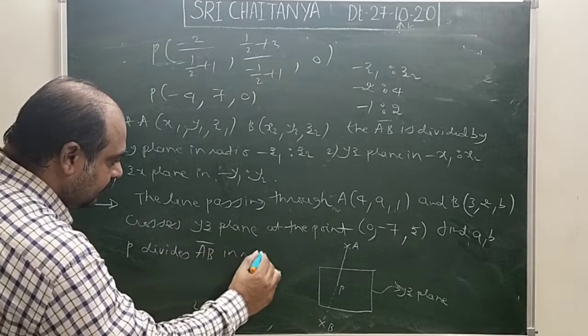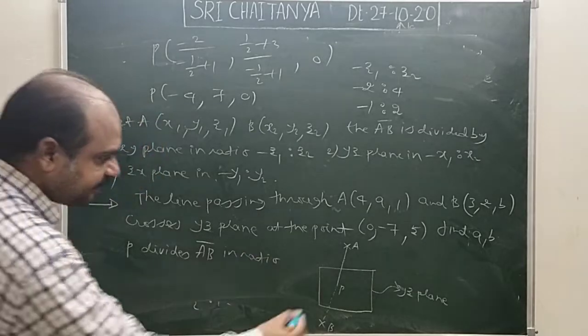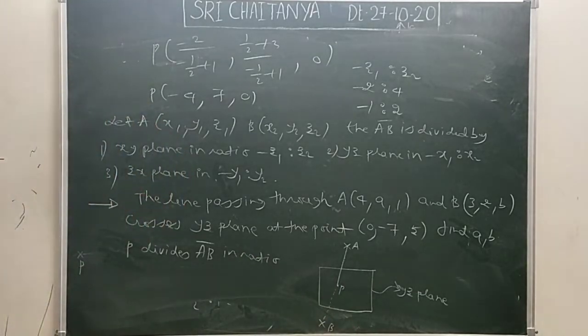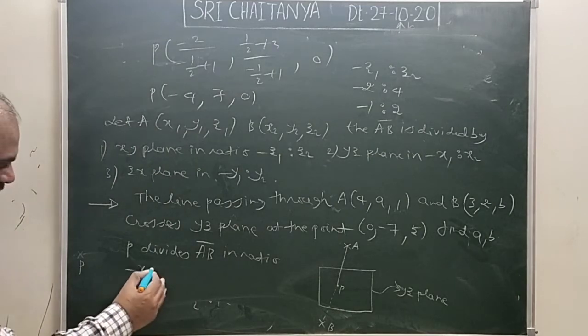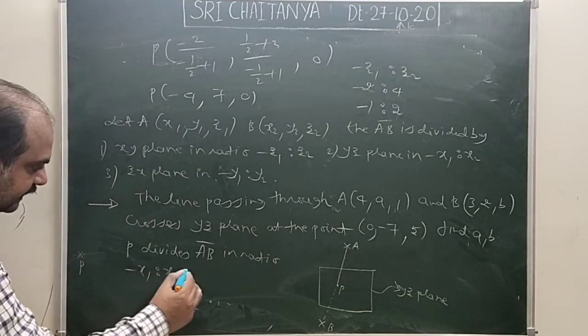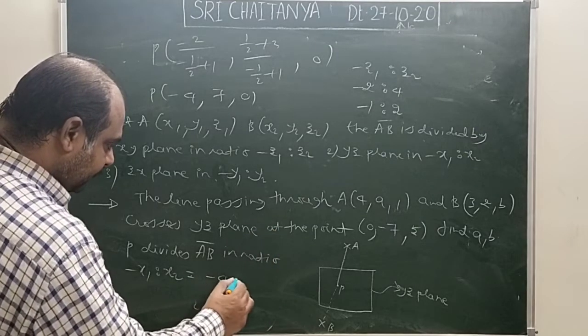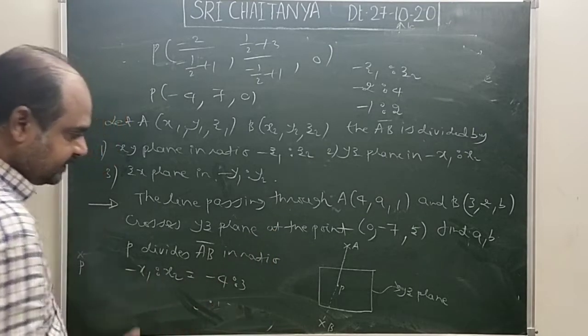That point P divides AB bar in the ratio minus x1 is to x2, which means minus 4 is to 3.